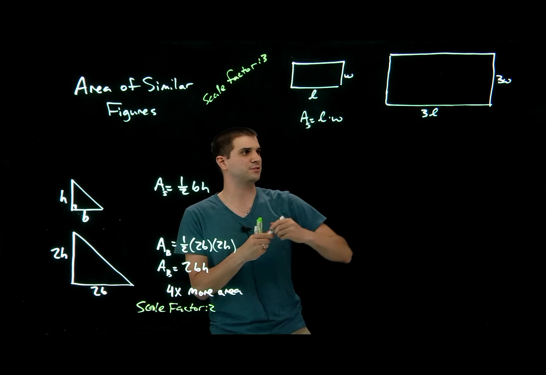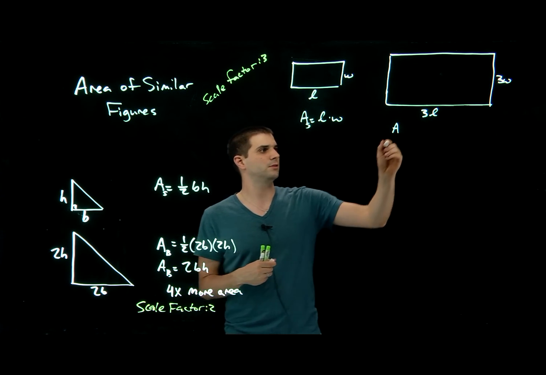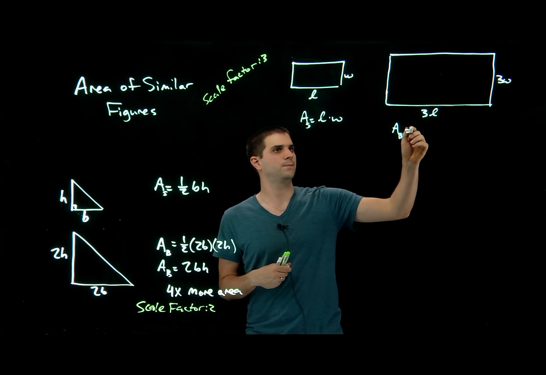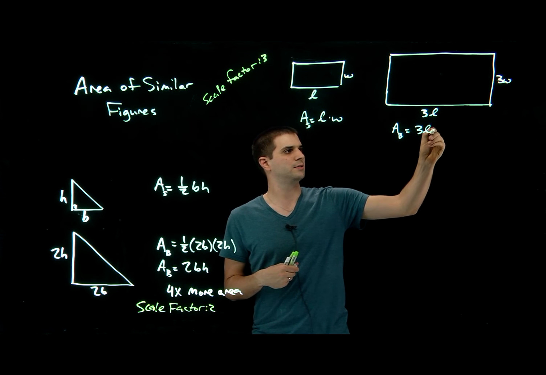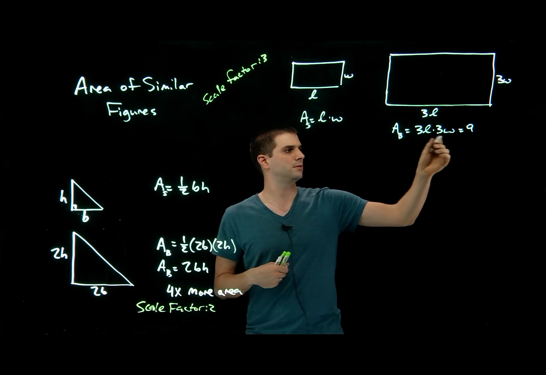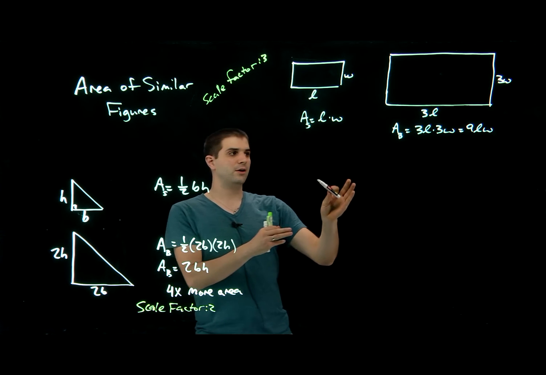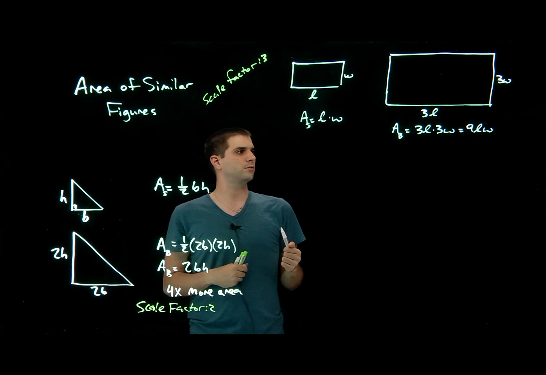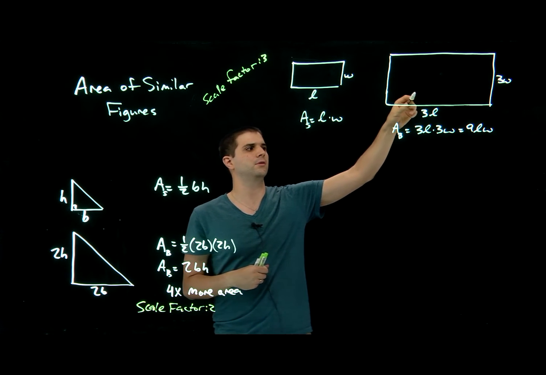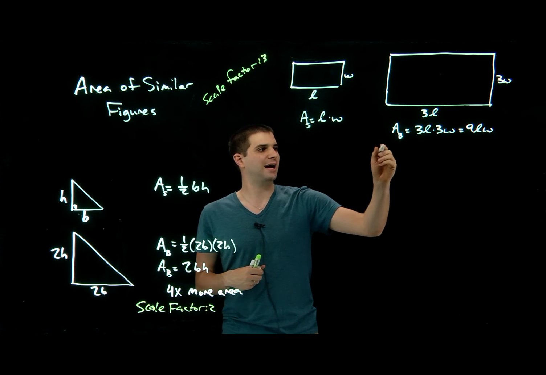Now, what is the area of this big rectangle? The length is going to be 3L this time, so 3L times 3W, which equals 9LW. In other words, the area of this bigger quadrilateral is 9 times bigger than this.